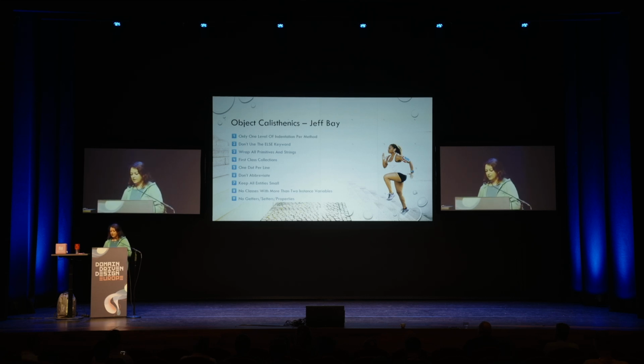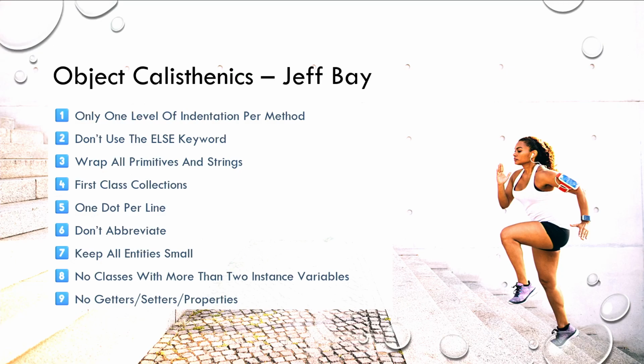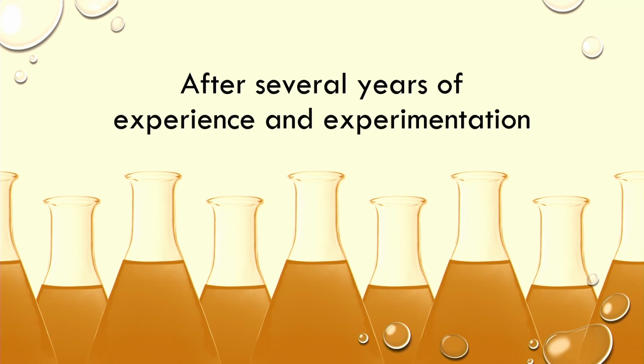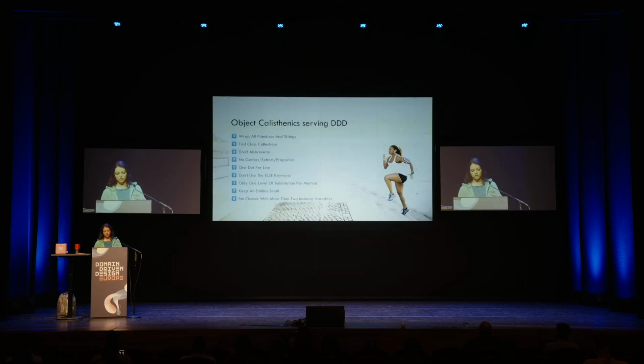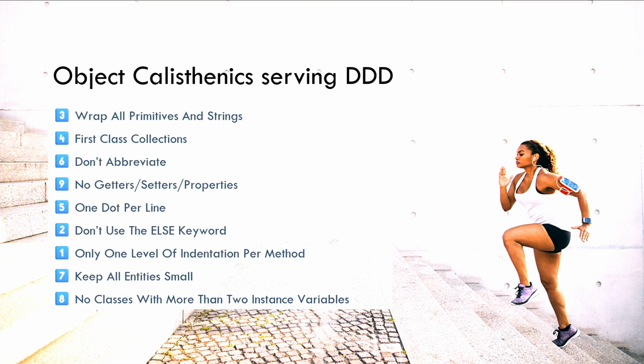I will not present them in this order, but after several experimentations, especially in a legacy context, I suggest you try to implement them in another order, which is this one. First, wrap all primitives and strings. Second, first class collection. Don't abbreviate. No getter, setter, or properties.